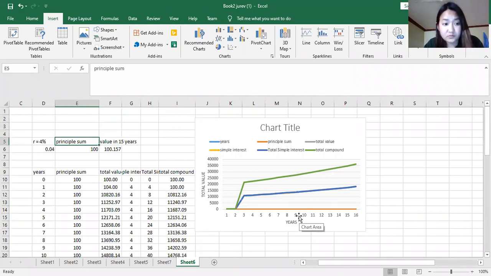As given, the rate is 4%, the principal sum is 100, and the value in 15 years is 180.16.